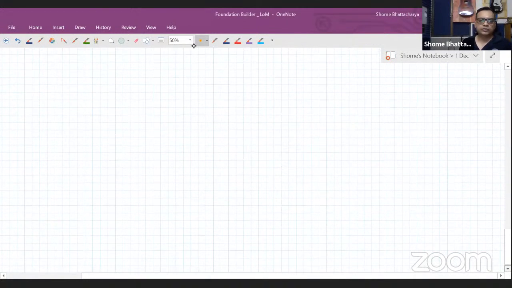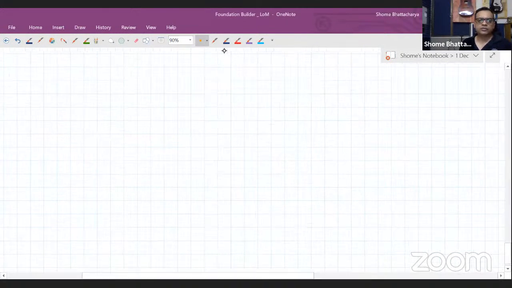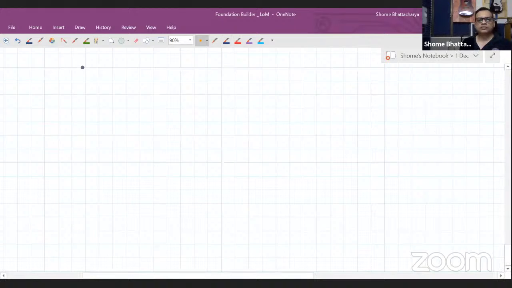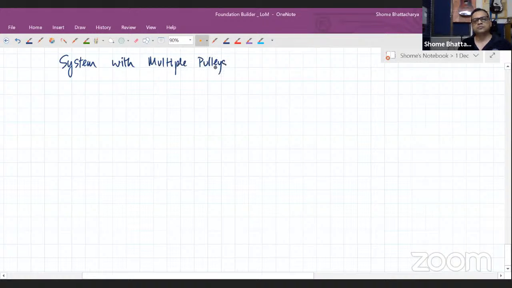Okay. Now we move on to the next level of conceptual understanding, which is dealing with systems of pulleys, or systems with multiple pulleys. Okay.